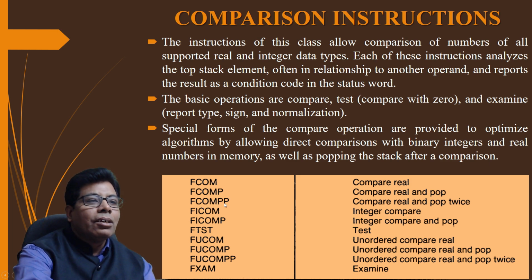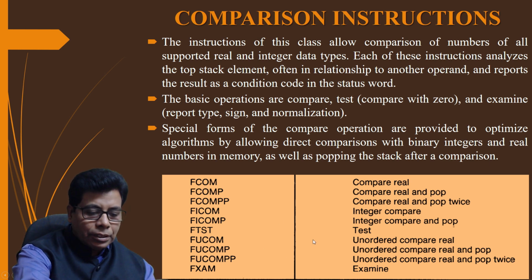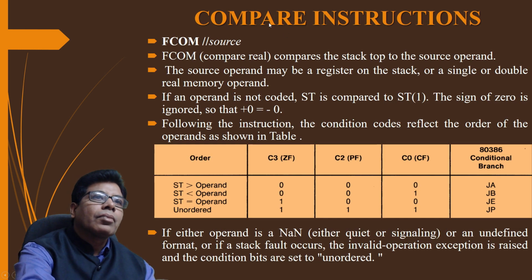Double P means twice pop. Then FICOM, that is integer compare. Then integer compare with pop. Then FTST, test. Then unordered compare. These three are for the unordered compare. And FXAM, that is examine. So we'll go into the details of this.